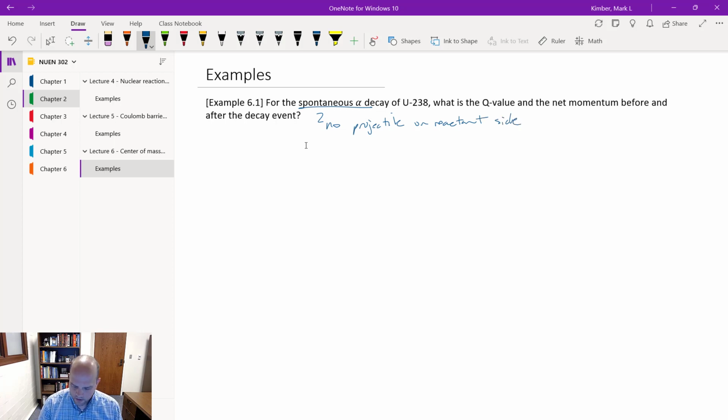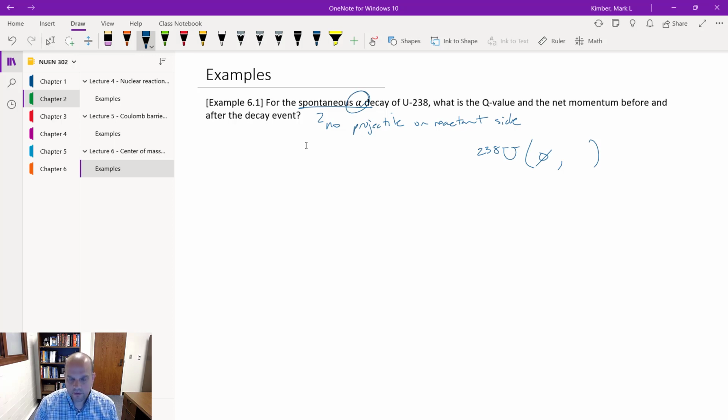And so what does this look like? If we wanted to write the notation of a reaction, we've got U-238. And normally in this first entry inside the parentheses, we're going to put the projectile, so we're just going to either leave it blank or just write 0 there.